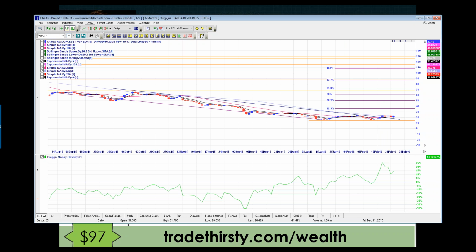That 20-day moving average, the key thing that was holding it back every single time it rallied, it overcame just a couple days ago. So that was one that we had alerted as something to buy calls on. I think it was the $25 calls, and that's got a nice potential move to rally up to its 22.3 Fibonacci. The money flow certainly says so. There's insider buying. These are the kind of ones I want.